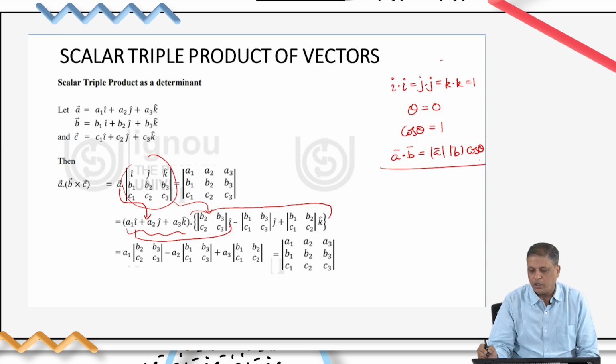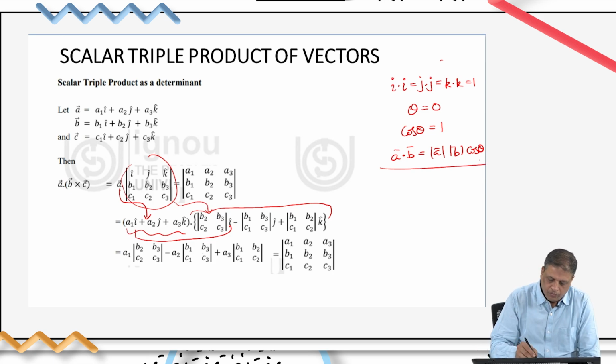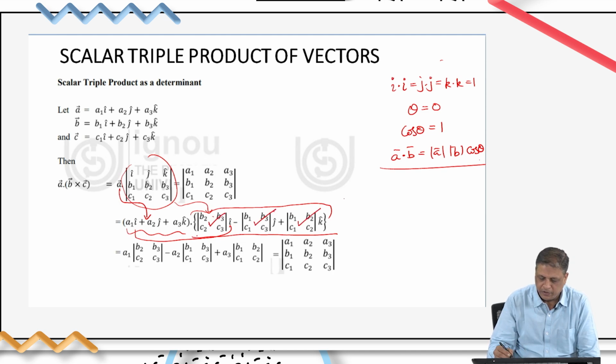We learned this much. So, when the i component of A is multiplied with the i component of B cross C, the i component is this, the j component is this, and the k component is this.